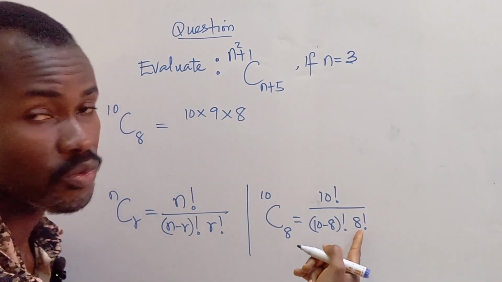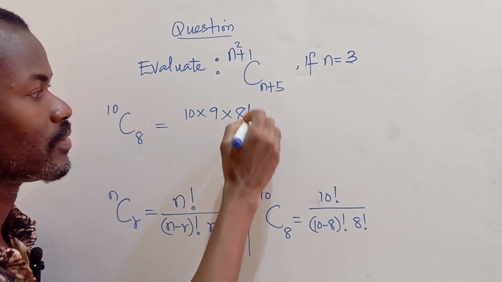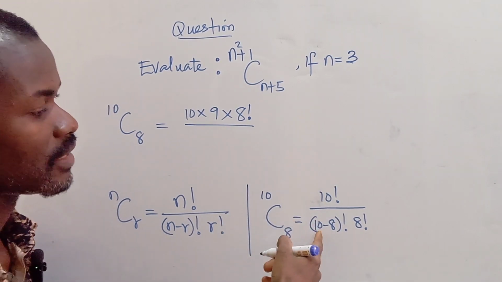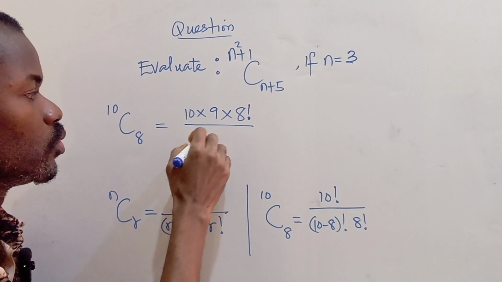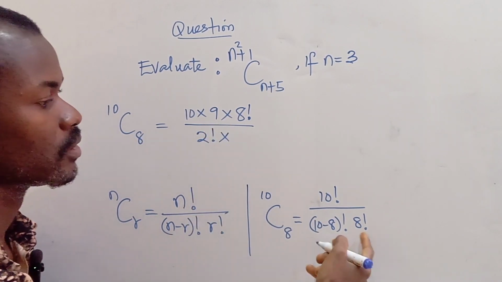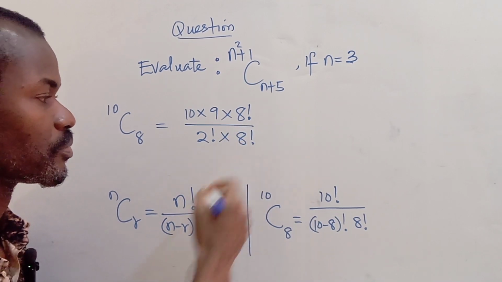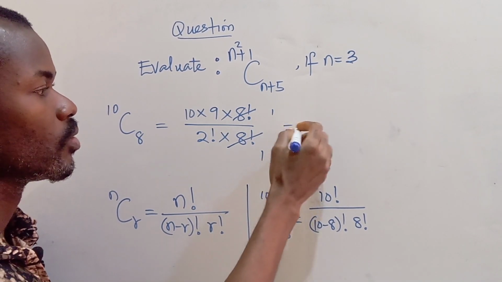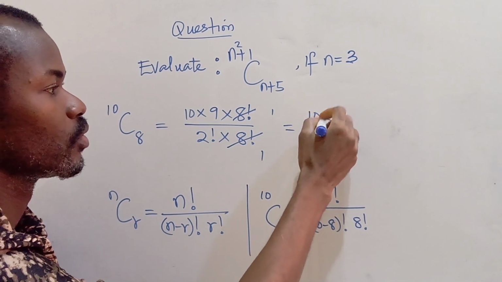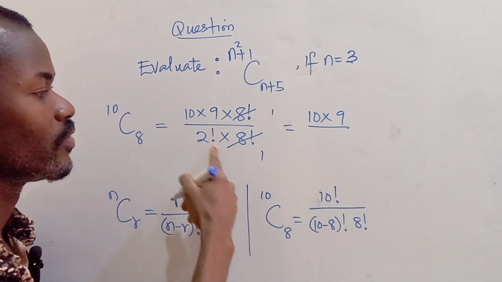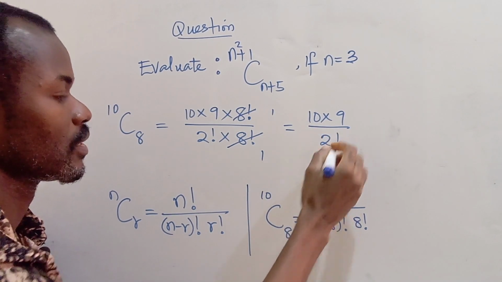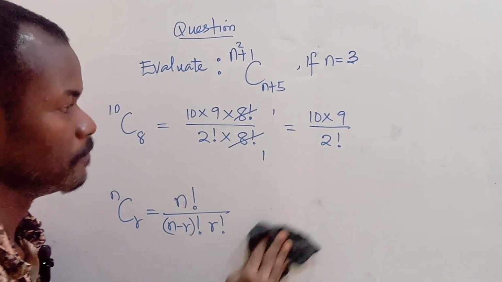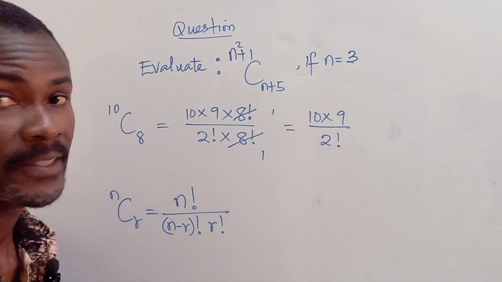Since we've been able to reach 8, we can stop at 8 factorial, divided by 10 minus 8, which we know is 2, so we have 2 factorial times 8 factorial, so that this can cancel out. With this cancelled, we have 1, 1. So we are left with 10 times 9 divided by 2 factorial times 1, which is still 2 factorial.